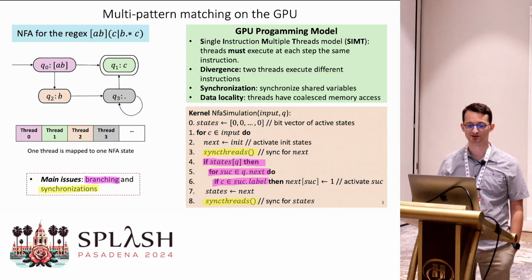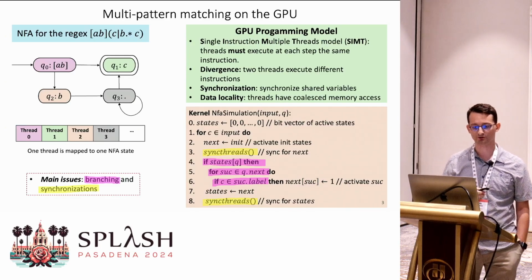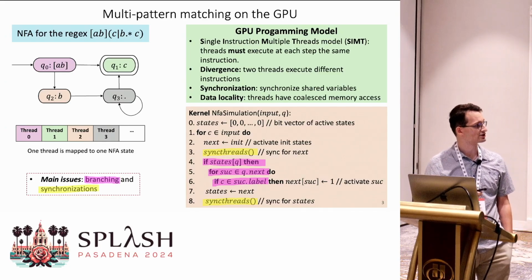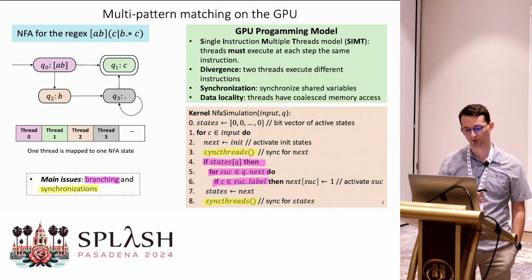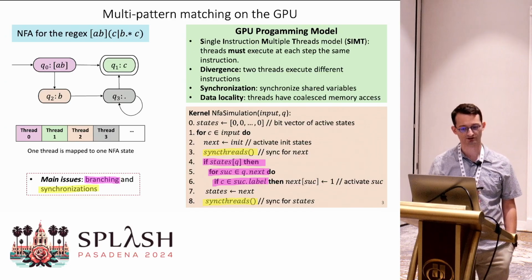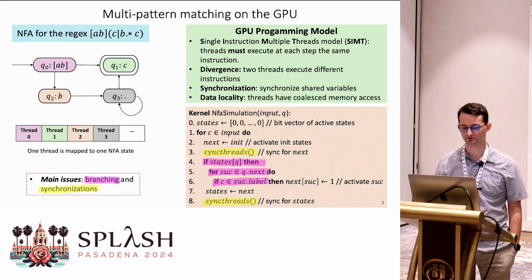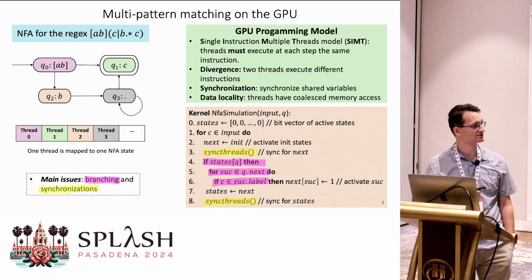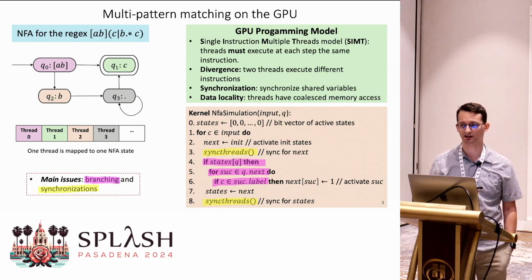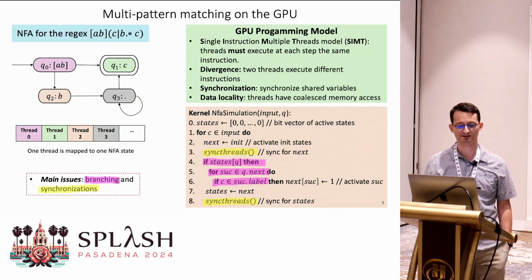We iterate over the input, and at each step we first activate the initial states. We have a synchronization to have a consistent value for the next bit vector. Then every thread checks if its state is active, and iterates over its successors. If the successor label matches the current character, we set the bit at the position of the successor. Then we update the active states.